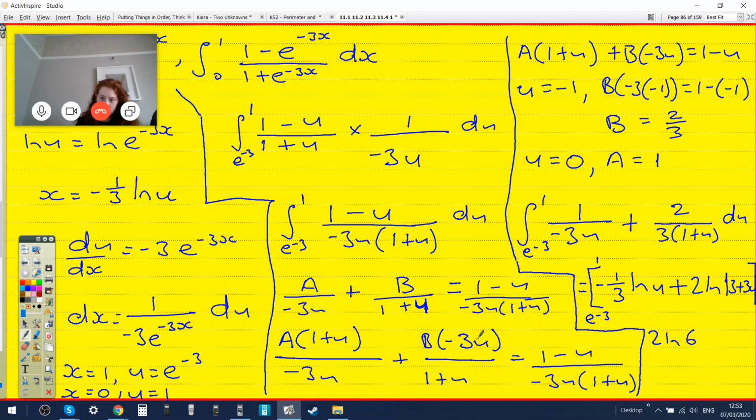And then are we just inputting the e to the minus 3 into the other? Yeah. So then that's a minus 1/3. The ln and the e would cancel out, wouldn't it? Yeah, and I think you could take a chance and put minus 1/3 ln e to the minus 3 into your calculator, and I think you won't get a decimal. I think the calculator will figure it out for you.